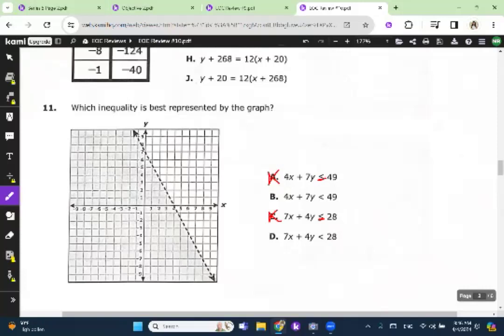So pick a point. Any point in the shaded area. -2, 6. That's the most random point ever, but that's fine.